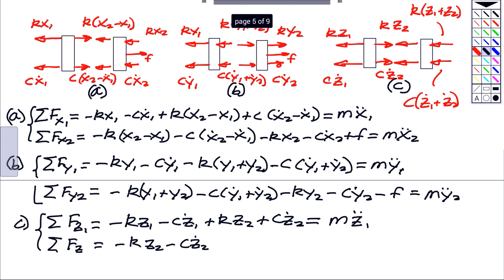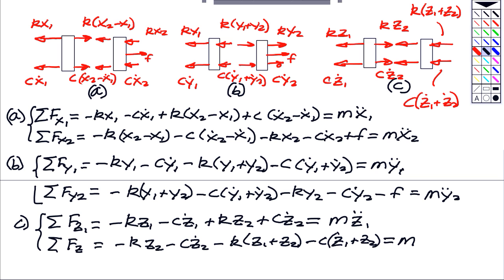I get a minus k times z1 plus z2, minus c times z1 dot plus z2 dot, and that's equal to mass times the absolute acceleration of block 2, which is not z2 double dot, but actually z1 double dot plus z2 double dot.